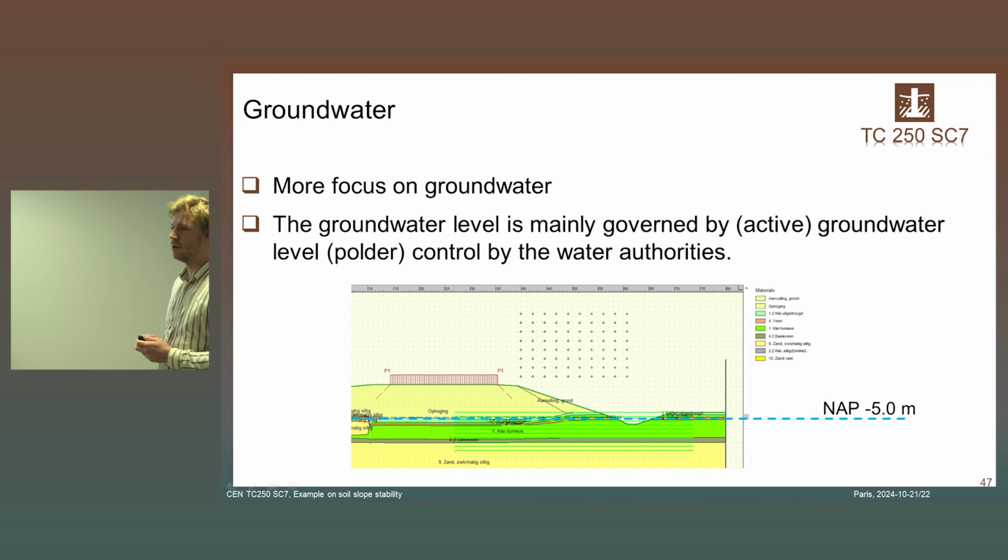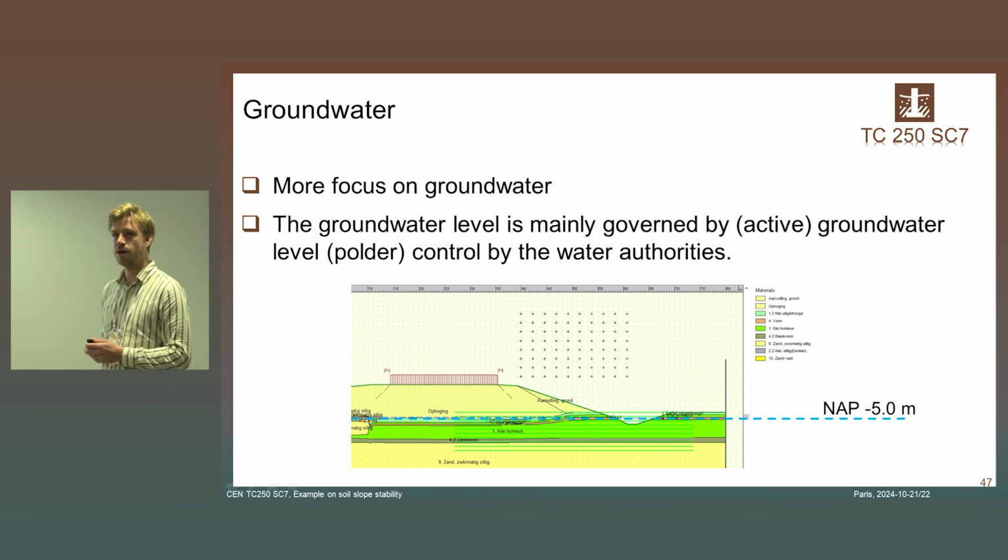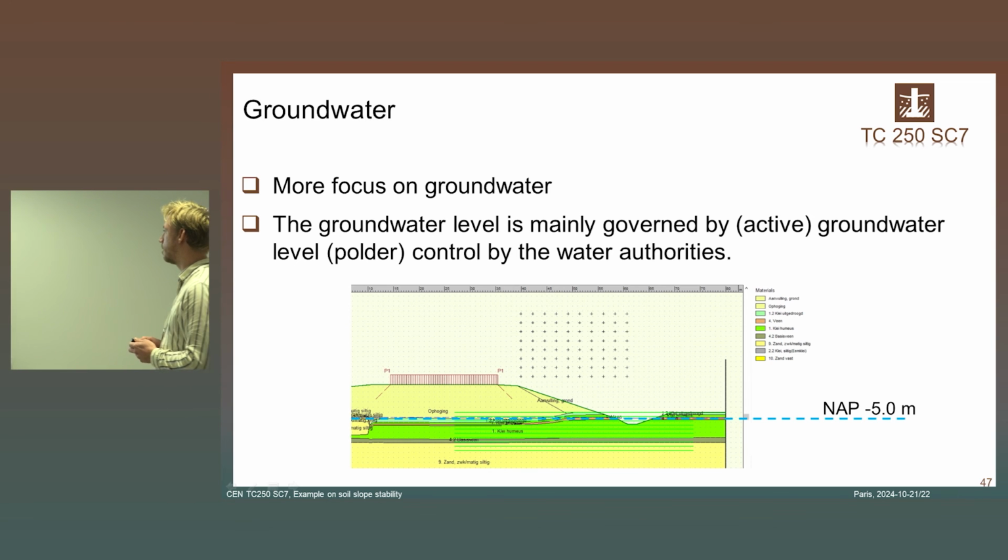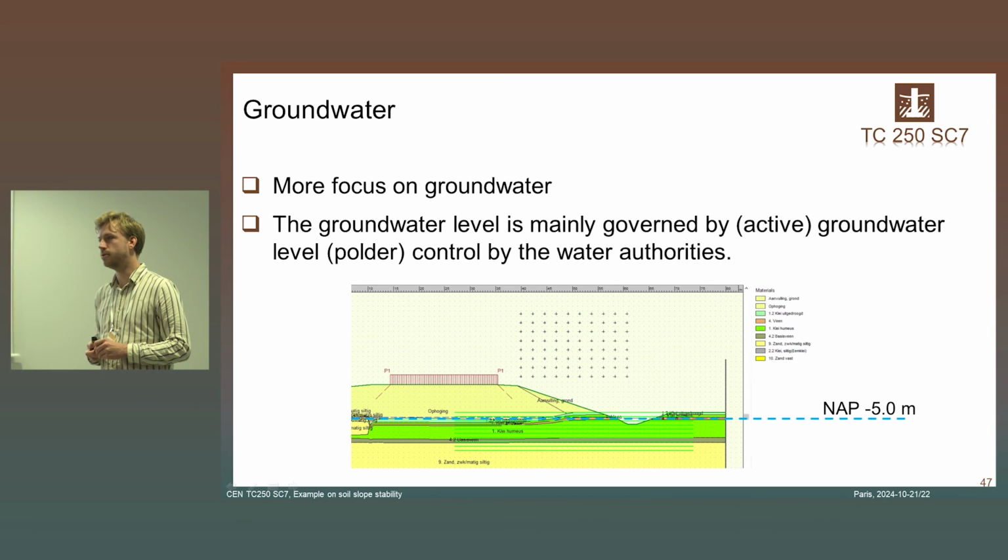In this case, the groundwater was monitored in the standpipe for a long period of time, but in this area, it was also controlled by the water board. So in these calculations, a water level of -5 was used, which can be seen as the nominal value.